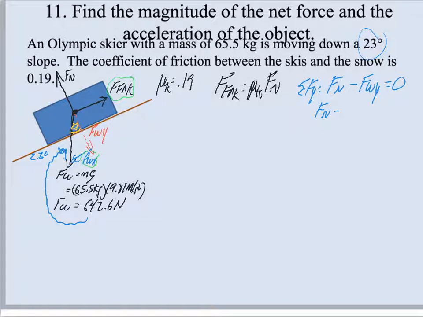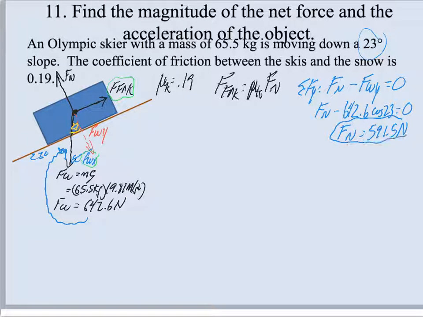Well, it would be 642.6. So instead of writing FWY, I can write 642.6 hypotenuse times, and it's adjacent, we said, the cosine of 23. So 642.6 cosine of 23. Well, we can go straight to the answer for normal force here. Plug that in, and we end up with 591.5 newtons for our normal force.